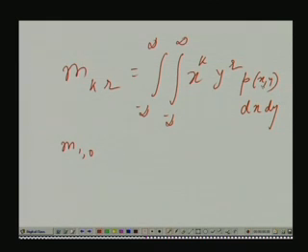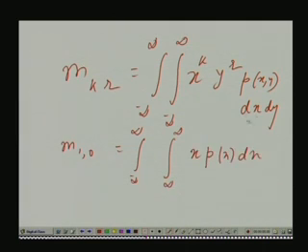And p x comma y can be written as p x times p of y given x. You can write the entire thing like this, x p x dx.